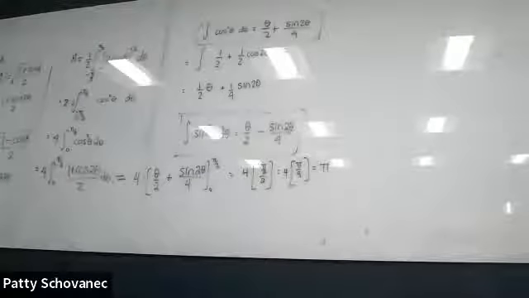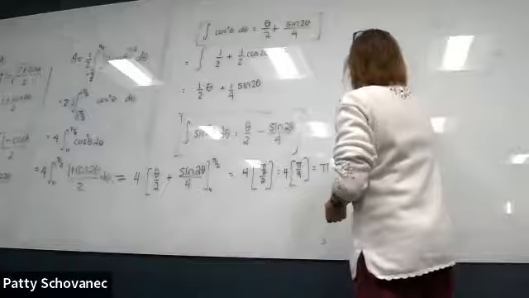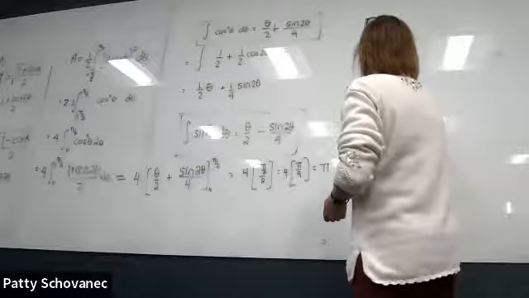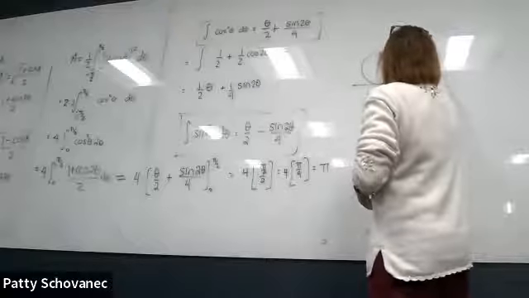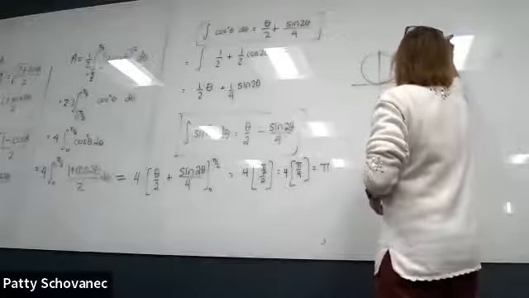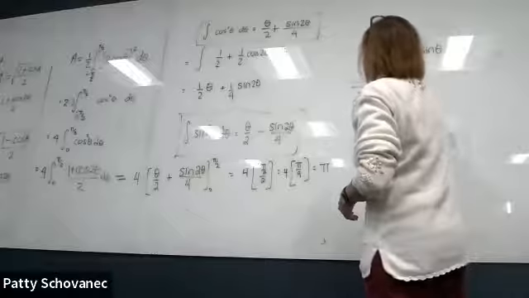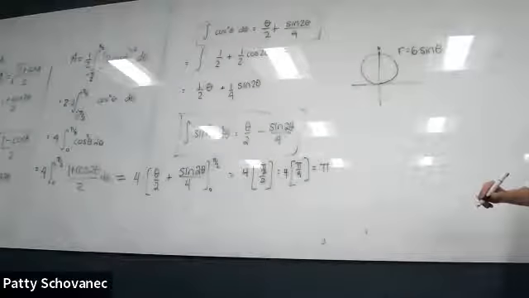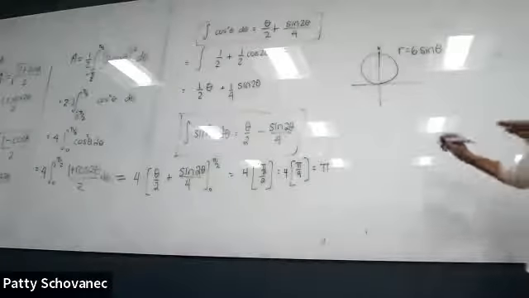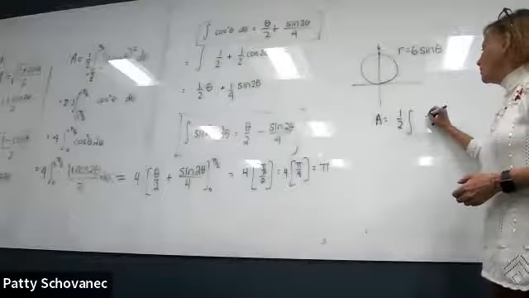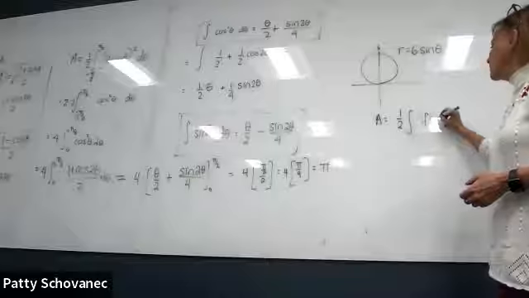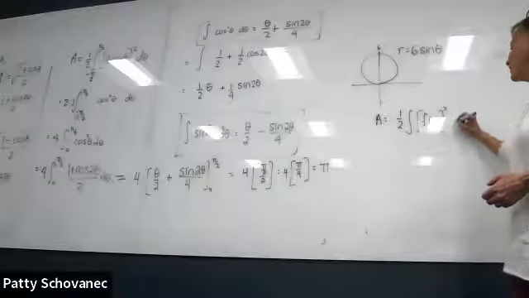So we've got to know the graphs to help us decide where the bounds of integration are. For instance, if I had this as my circle, let's make our r equal to, say, 6 sine theta. So then this number is 6 right here. The diameter is 6. Then when I go to find the area using calculus, I have a 1/2 integral of f of theta squared d theta.